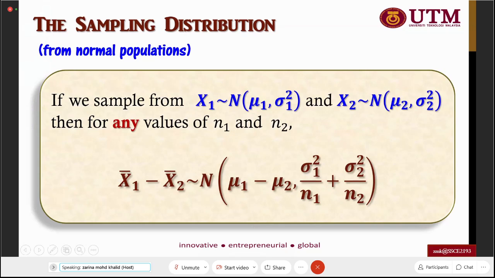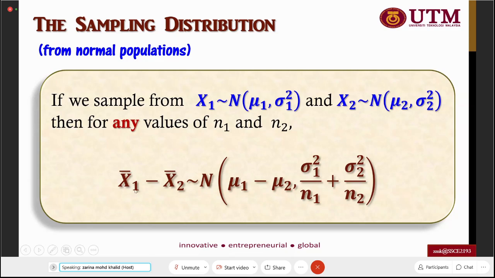The difference between sample means, X bar 1 minus X bar 2, will also be normal. Okay, will also be normally distributed. And what is the mean for the difference? So the mean for the difference will follow the position.